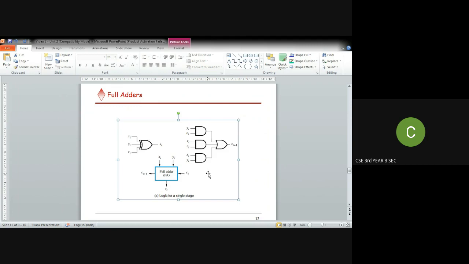And we will get two outputs, Si and Ci plus 1. This Ci plus 1 is given as an input to the neighbor full adder. So this is the concept here.